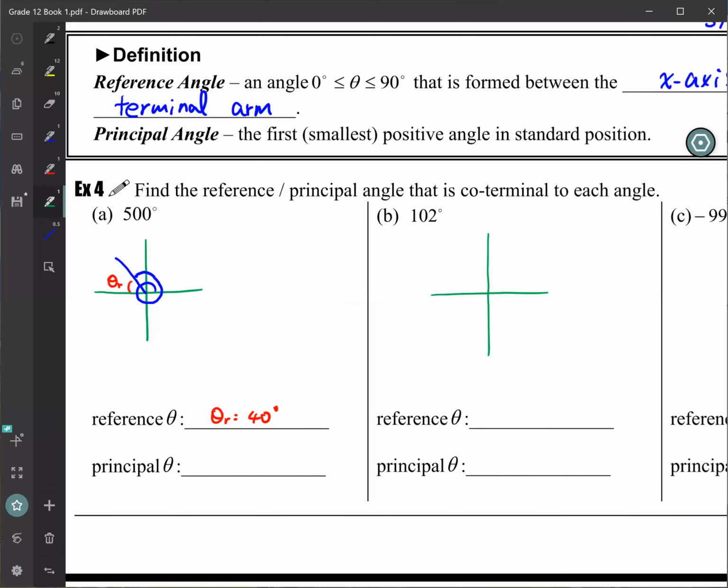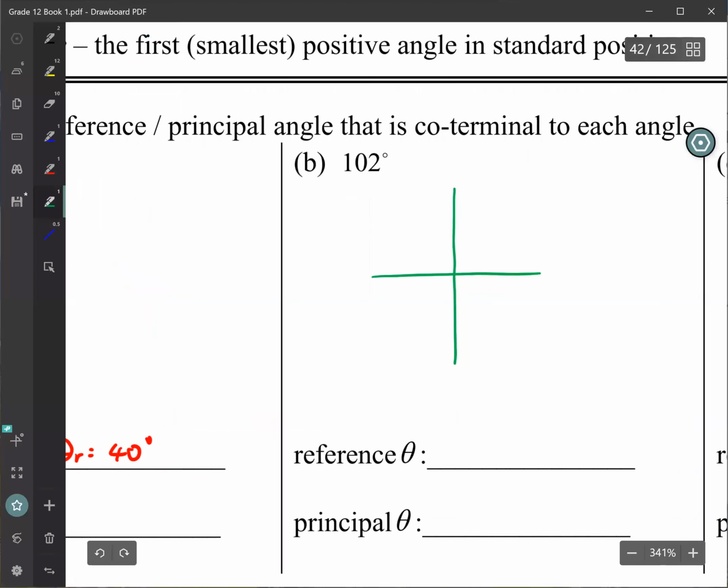Okay, Trudy, can you help us draw this picture? Yeah, very good. And Irae, can you show the reference angle?